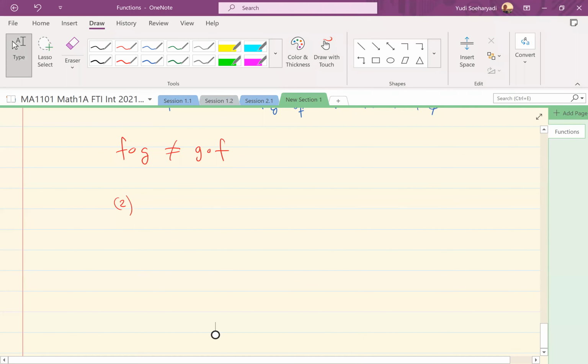Let's do f as x squared plus 5, for example. And g is the square root of minus x.